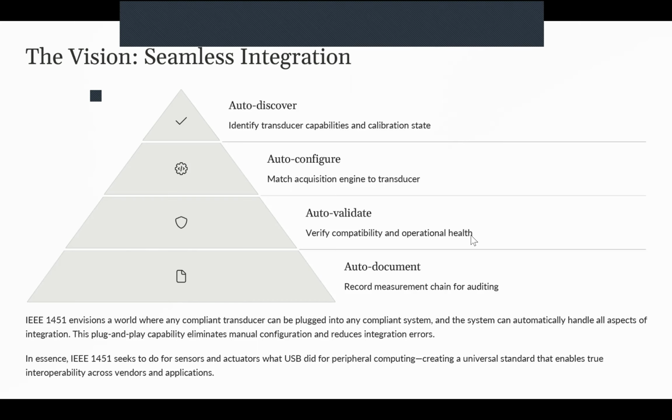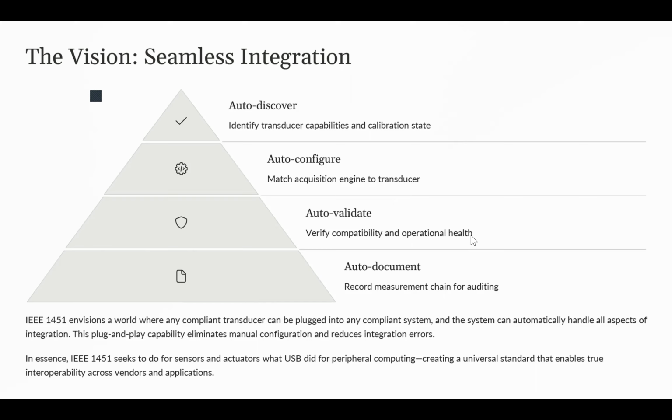Now, when we talk about auto discover, basically the IEEE 1451 allows the system to automatically detect any connected transducer. It can identify that transducer, identify the capabilities of that transducer, and identify the calibration status, without any manual input.